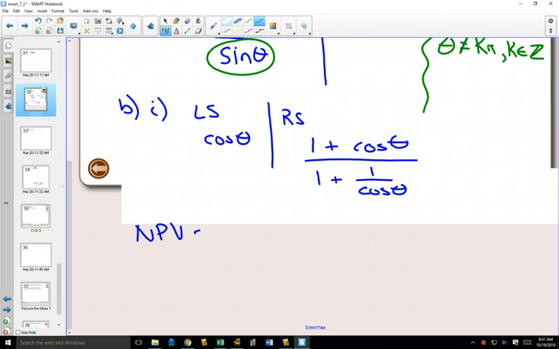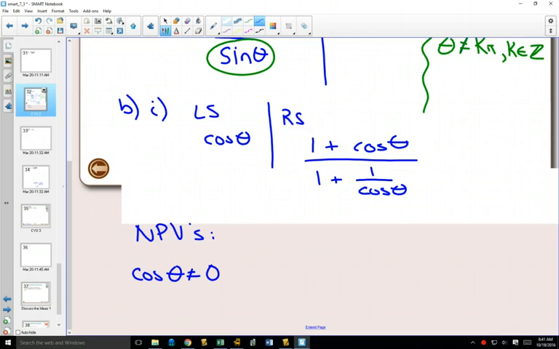Do we have any places that we're dividing? Yes. What can't equal 0? Cos theta can't equal 0. So we'll do that first. Cos theta can't equal 0.